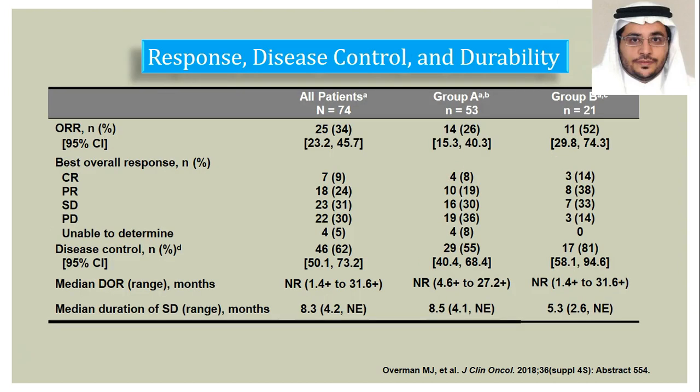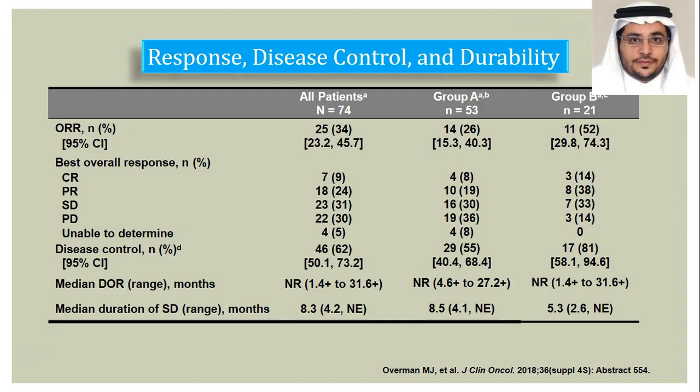Look at the overall response rate. For all the patients, it reached almost 34%. For group A, who received 3 lines, it is 26%, and those who received fewer lines reached 52%, which is huge. Now, if you look at the duration of response, it was not reached in all the patients.